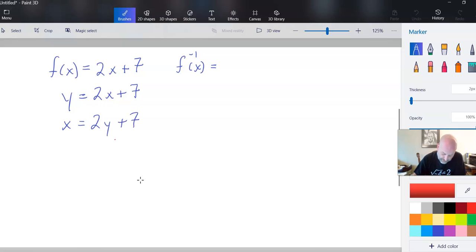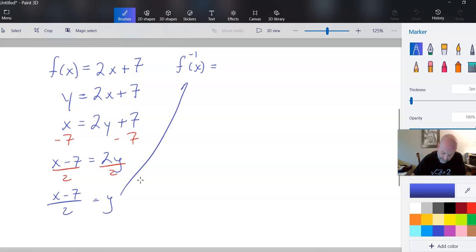So let's see, we'll subtract 7. Let's see if I can keep my sign straight this time. So now we have x minus 7 is equal to 2y, and then we'll divide by 2, and that leaves us x minus 7 over 2 is equal to y, and that y should be my f inverse.